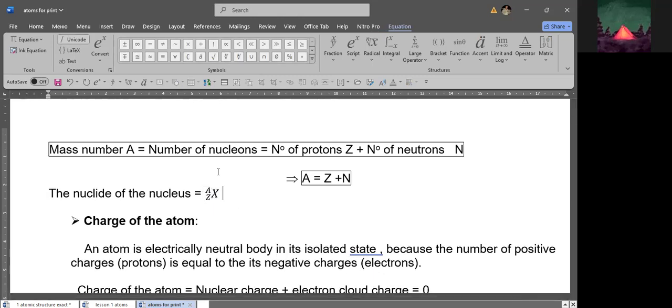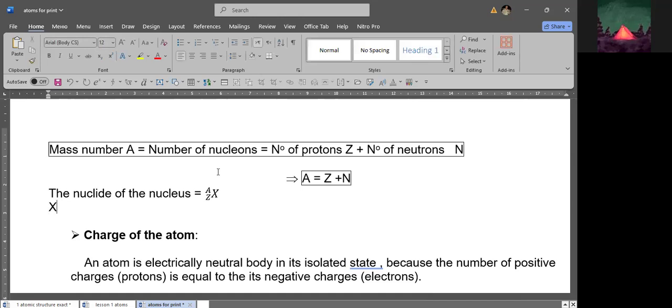What is X? X represents the symbol of the atom.